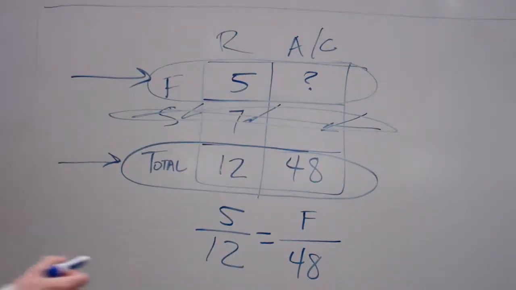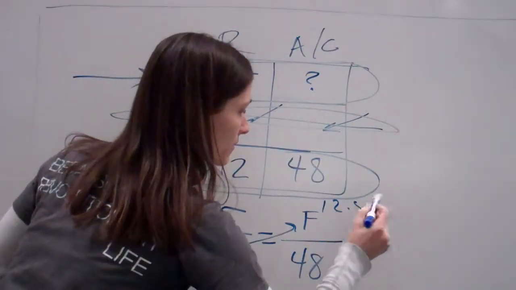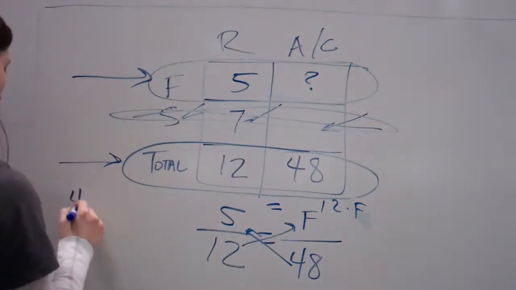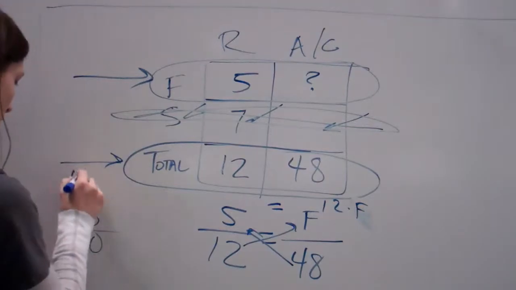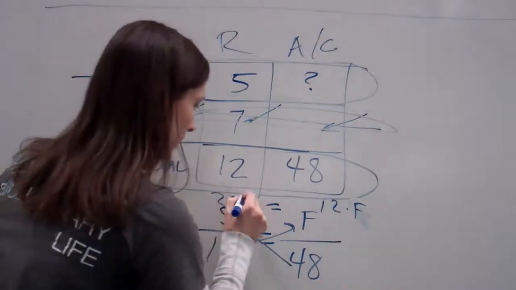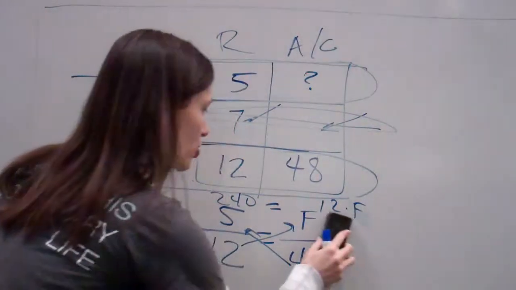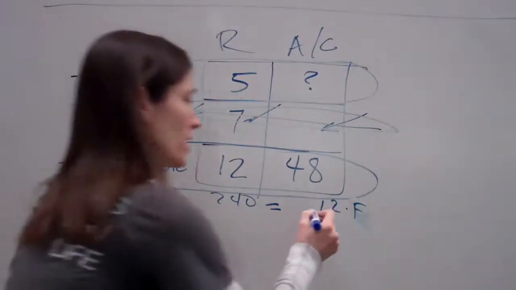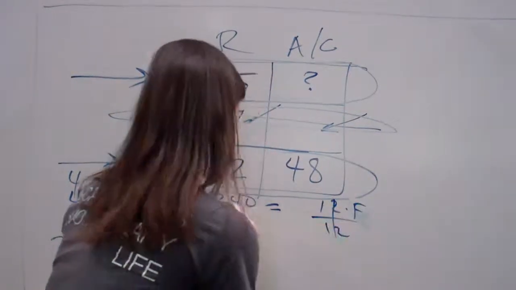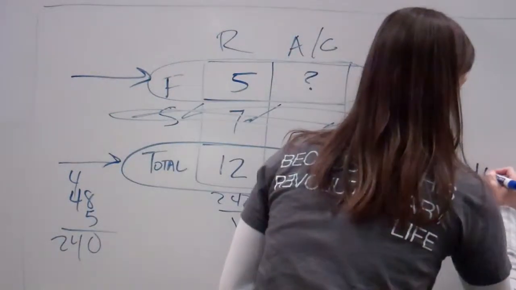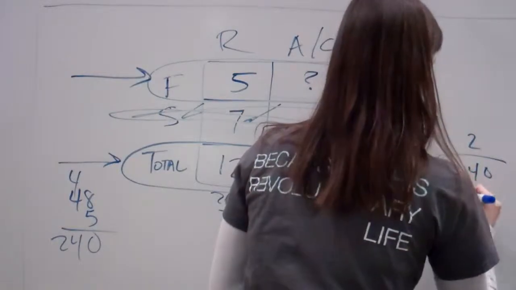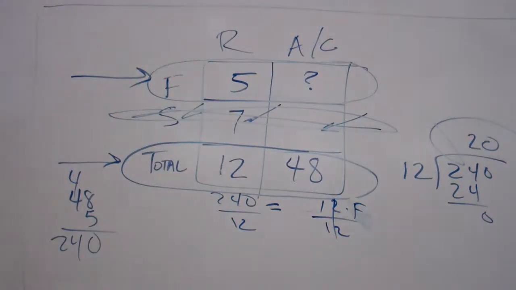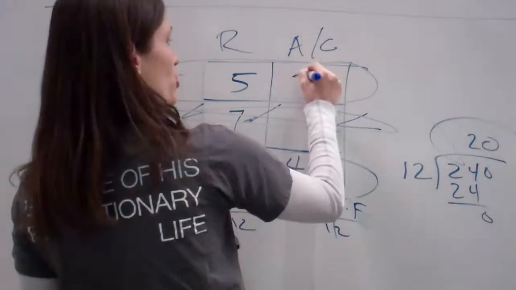Then you're going to cross multiply: 12 times F equals 48 times 5, 240. All right, so now our new problem is 12 times F equals 240. So I divide by 12, divide by 12. 240 divided by 12 is 20. Got it? So my answer to the football players is 20.